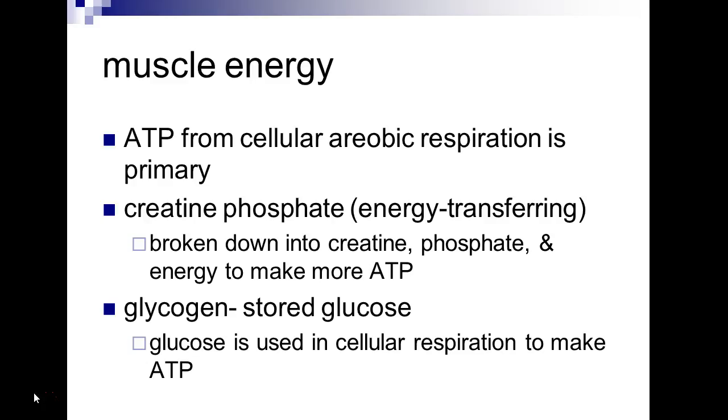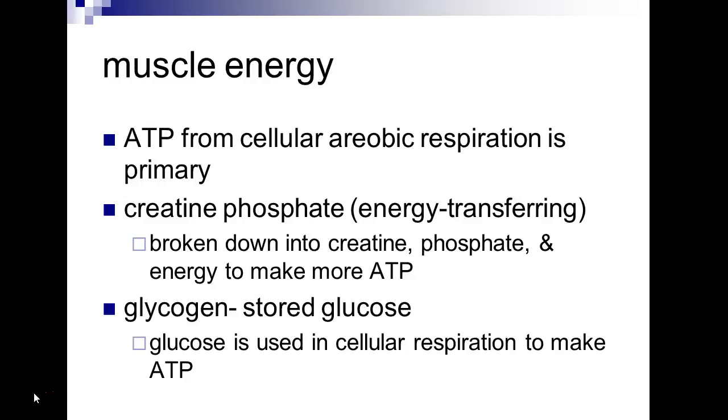The muscle needs a lot of energy, and we already said that all cells get energy saved in ATP by cellular aerobic respiration. So this is also the primary source for the muscle, but it has two other sources. It has creatine phosphate, which can be broken down into creatine and some energy that can make more ATP.